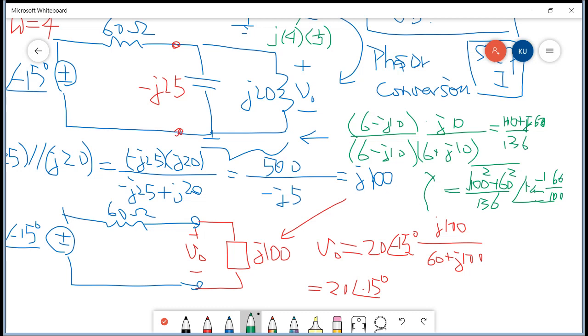And then divided by 136. So maybe I can directly write it here. It will be 0.857, and then the angle will be 60 over 100, and then arctangent.